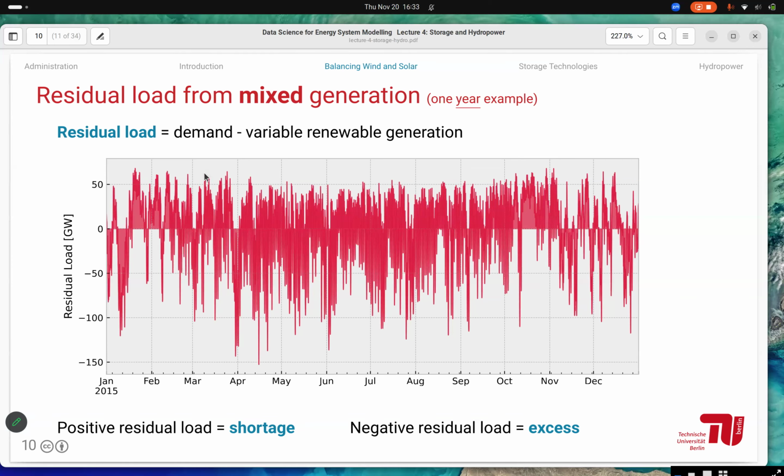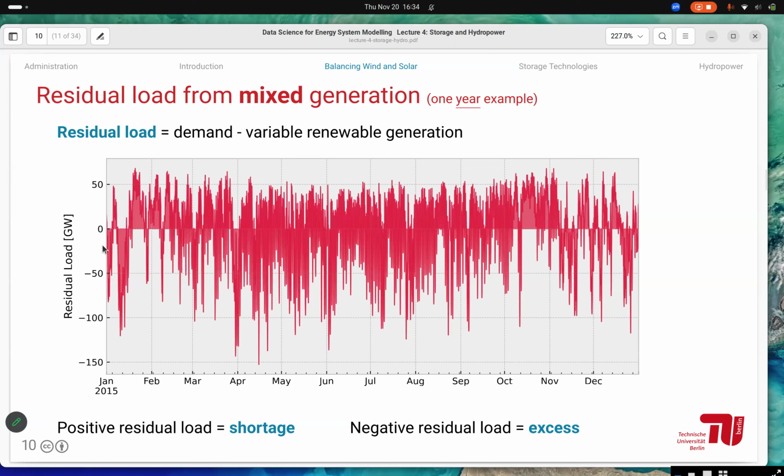So that leaves us with one more parameter that we need to calculate, namely how much energy this storage needs to be able to hold. And for that, we need to build something like an integral over this residual load time series. It's a bit of a challenge at the beginning.